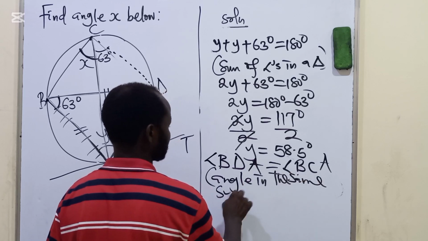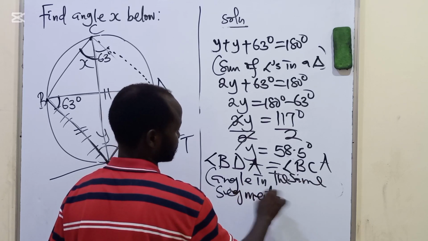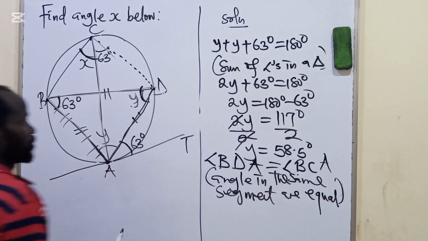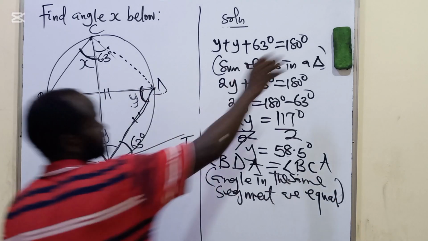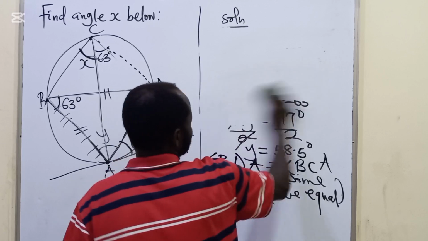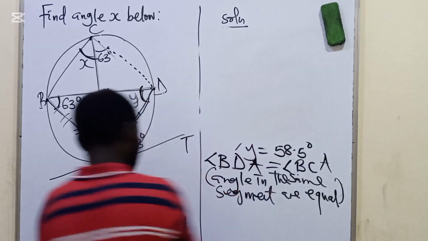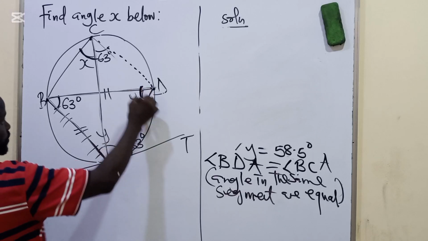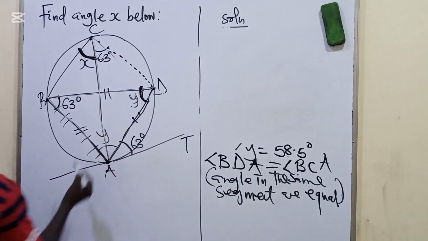So we can conclude now that angle x is nothing but 58.5 degrees. The angle here is the same as the angle here.